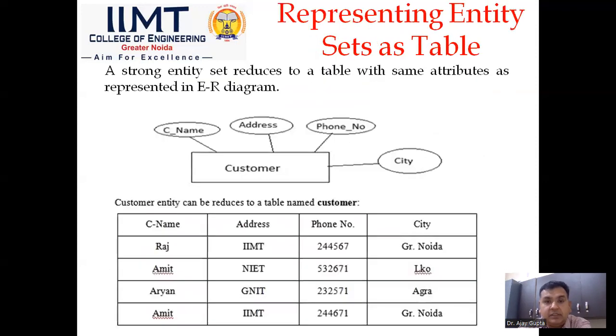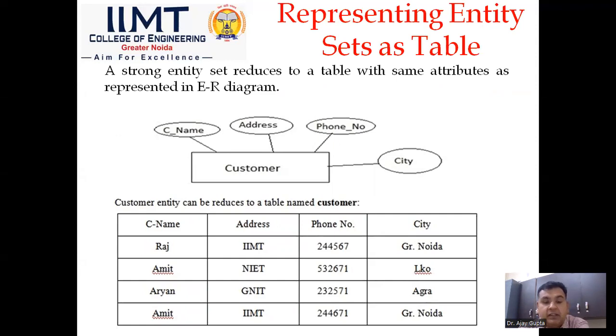Then we come to representing an entity set as a table. We have chosen one small example. A strong entity set is reduced to a table with the same attributes as represented in the ER diagram. Here we have taken customer as an entity set and we have taken 4 attributes: customer name represented as CNAME, address, phone number, and city.